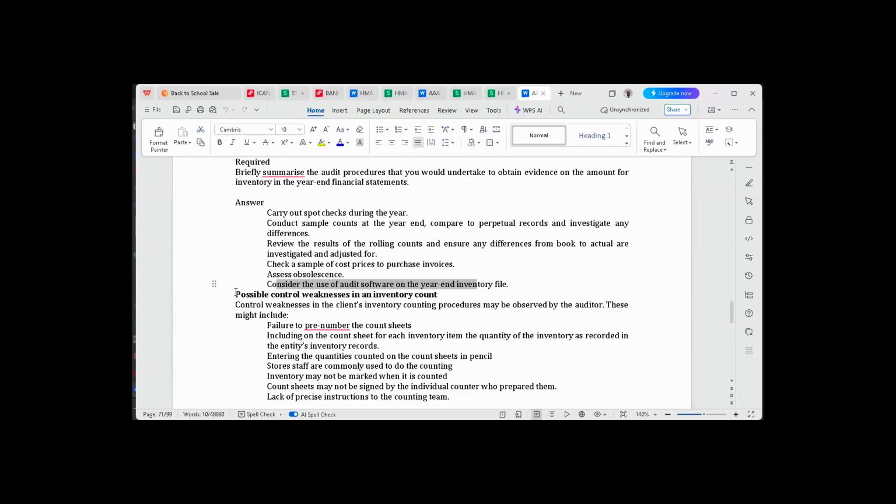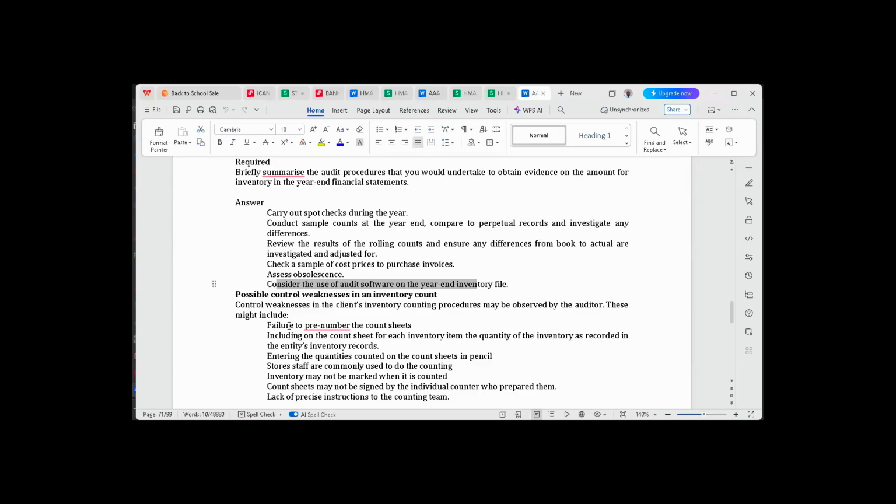So if there are internal control weaknesses in the client's organization, it is automatically going to impact negatively the inventory balance you have in your financial position. So what are some of the measures we need to put in place to prevent some of these weaknesses in the internal control system during stock counts?